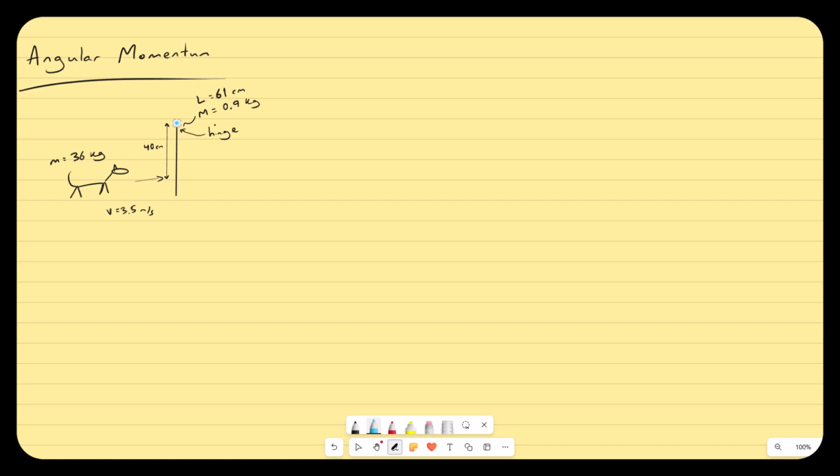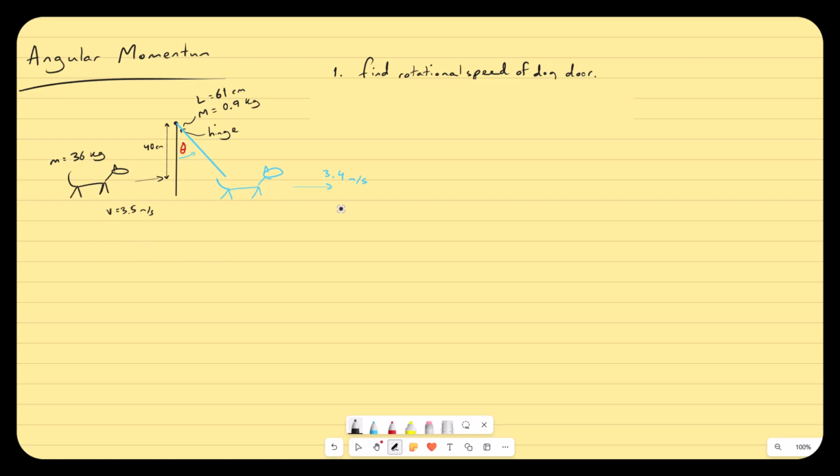After the collision, this flap is going to rotate up, and the dog is going to continue on at a speed of, let's say, 3.4 meters per second. And we want to know what happens to this hinge. How fast does it move? So let's answer.